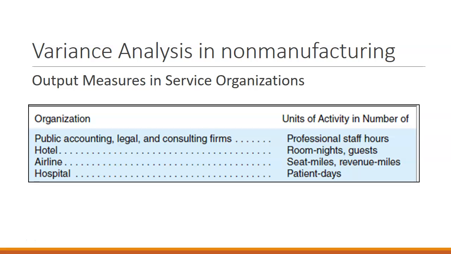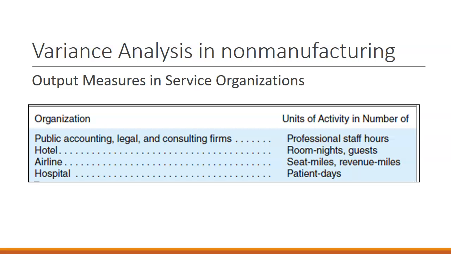We can also do variance analysis outside of manufacturing production. So we might use different things depending on what our business is, and there are some examples here of different kinds of activities that we might look at.